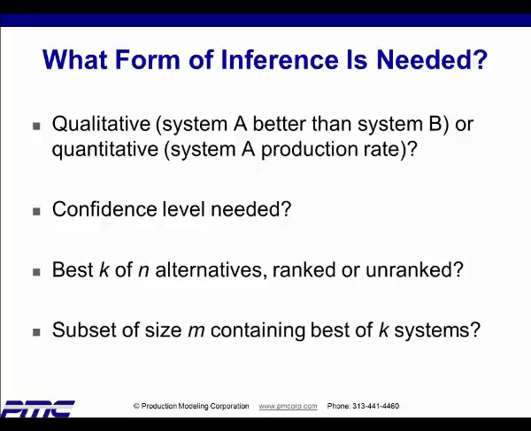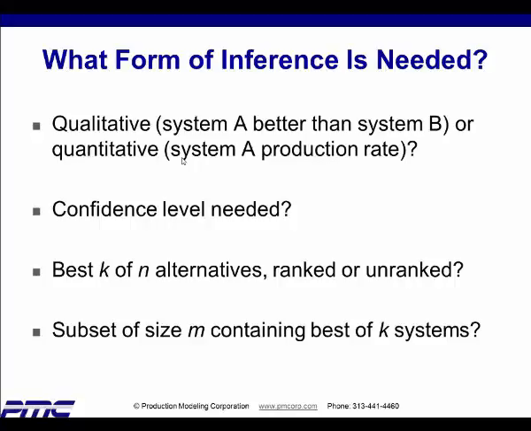And you also want to ask yourselves, when you're going to use the model results, what are the answers to the questions on this slide? Do you want better or worse, like qualitative, or do you want hard numbers, such as, can a certain system produce 45 jobs per hour?